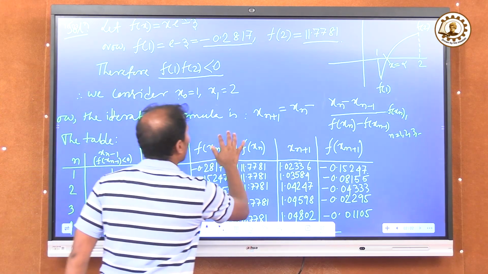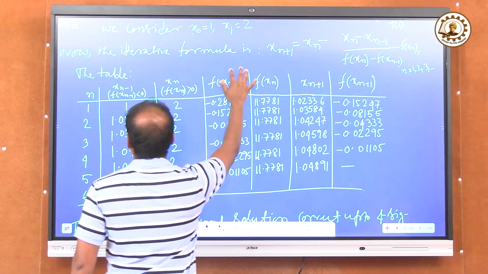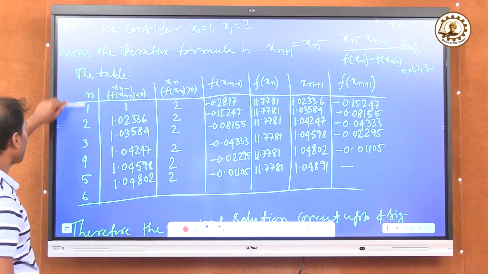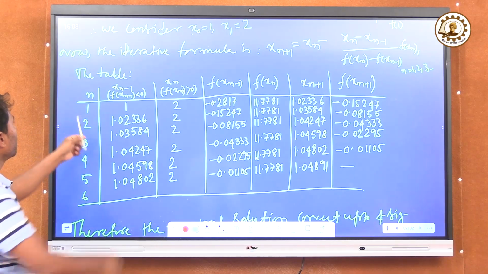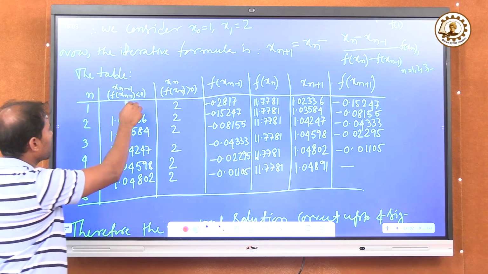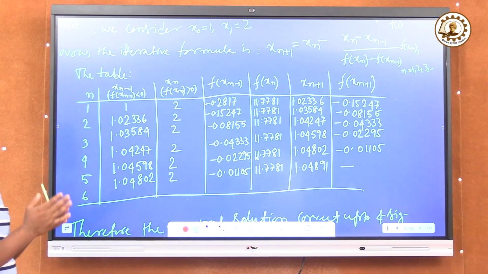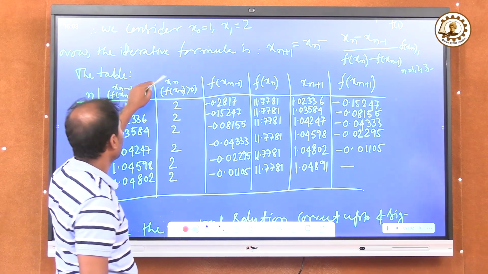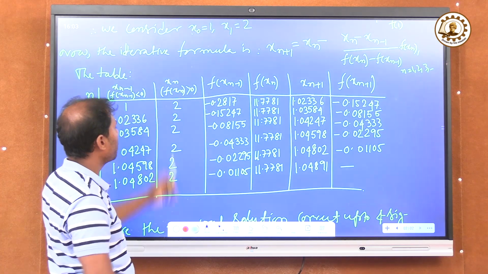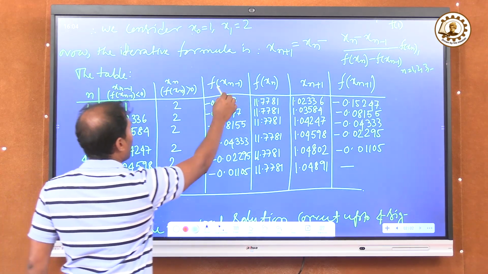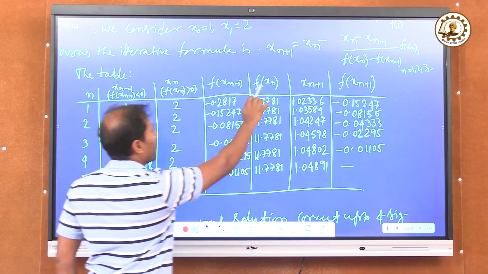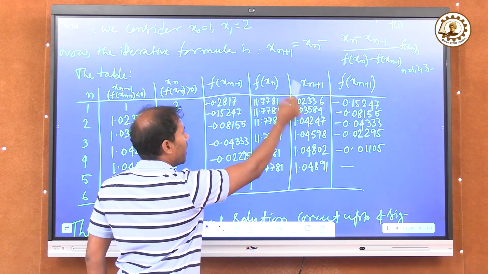And now we draw a table. This is the iteration number n, x_{n-1}, for which f(x_{n-1}) is negative, x_n, for which f(x_n) is positive, and the values of f(x_{n-1}) and f(x_n).